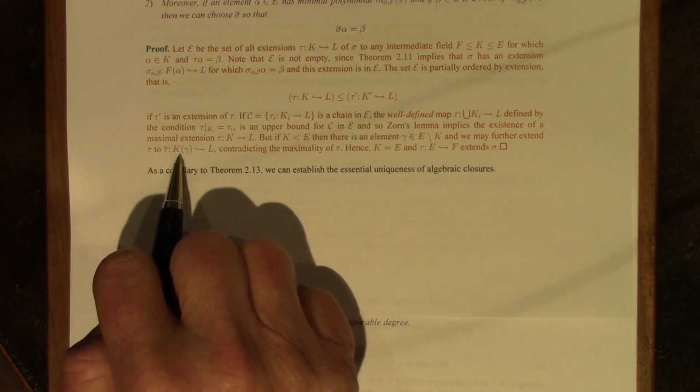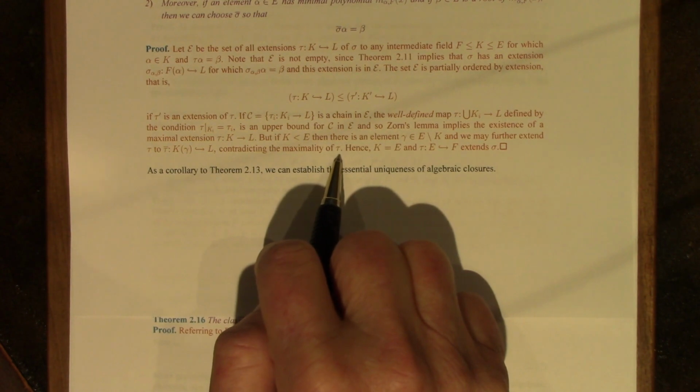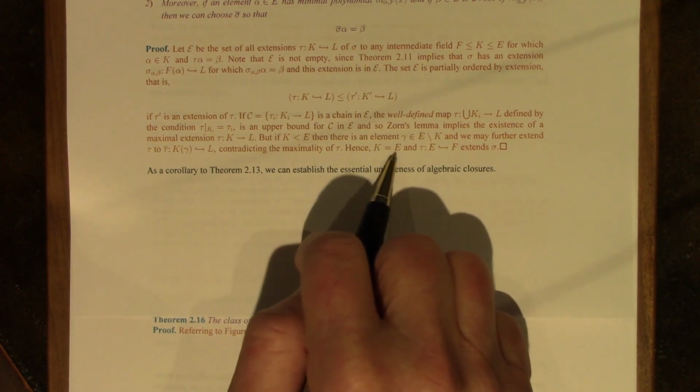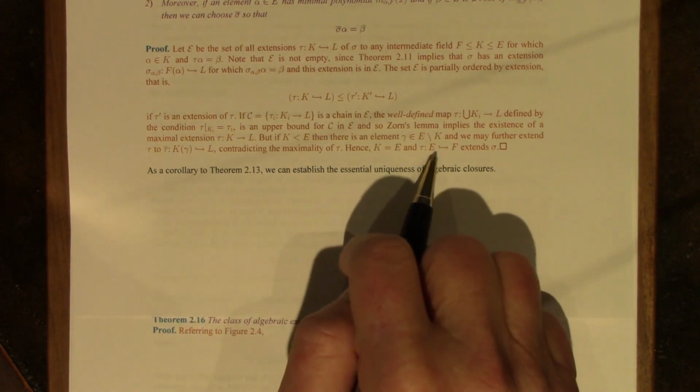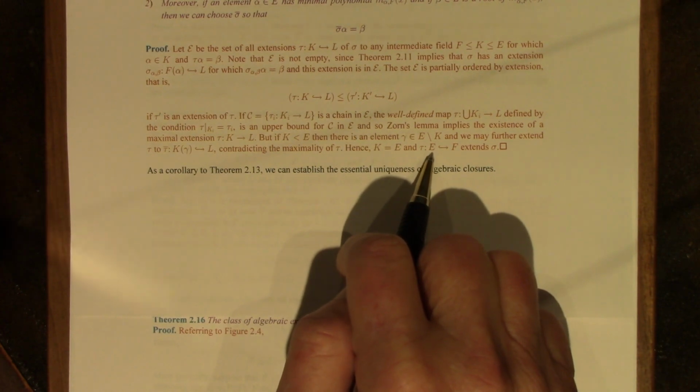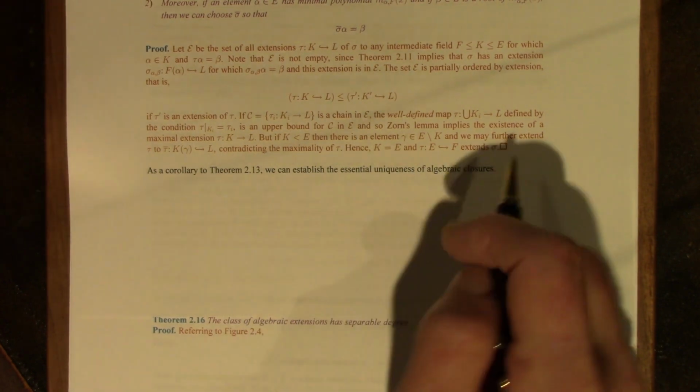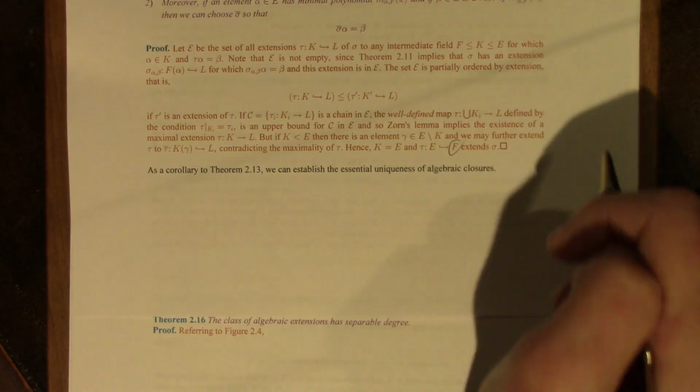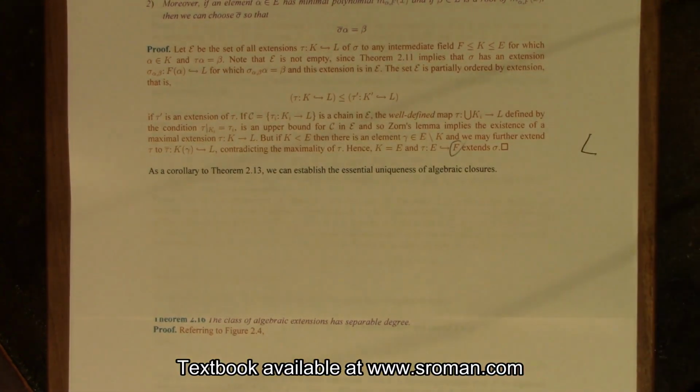And that contradicts the maximality of tau. So K is in fact equal to E, and tau is an embedding of E into L, and that extends sigma.